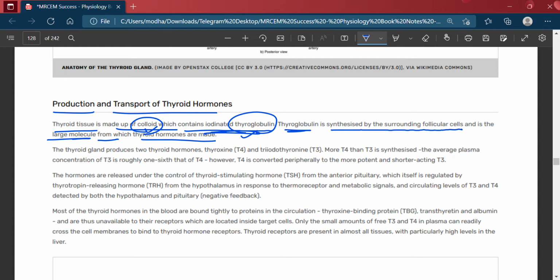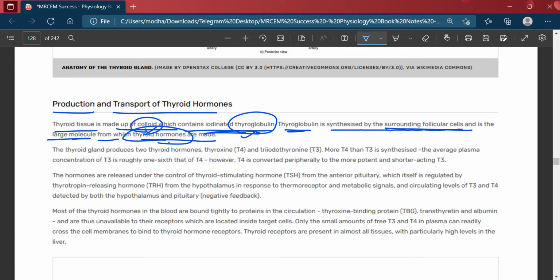Thyroglobulin is synthesized by the surrounding follicular cells and is the large molecule from which the thyroid hormones are made.